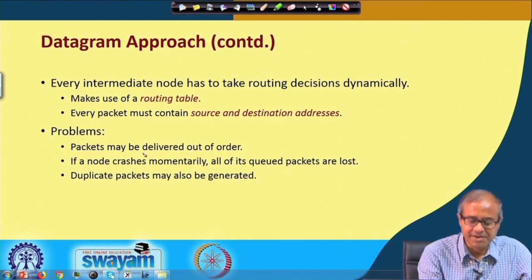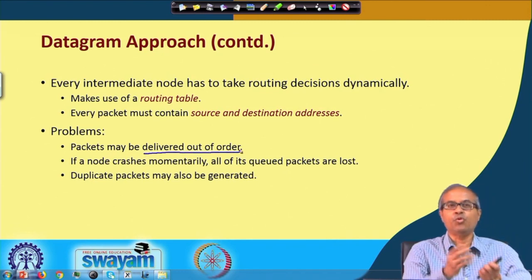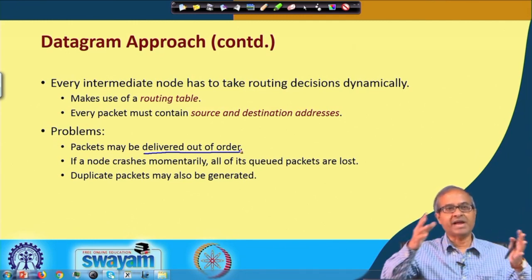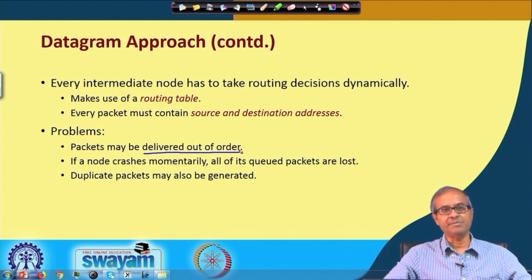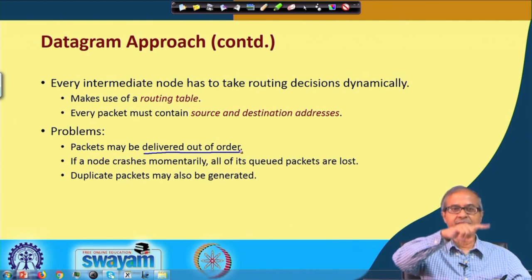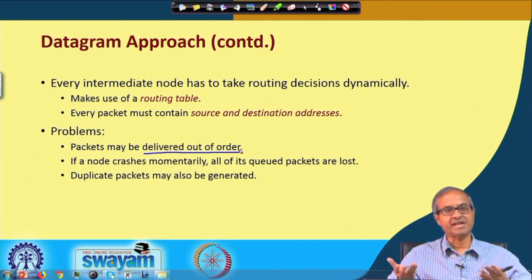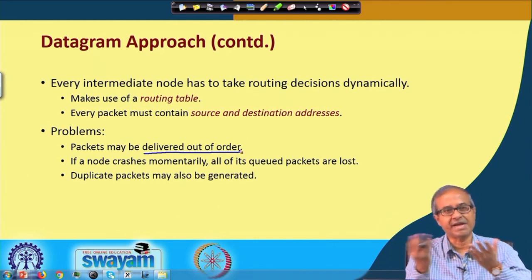So, packets may be delivered out of order. Why? Because each packet is being routed as an independent entity. There is no guarantee that all packets follow the same path. Some packets may follow a shorter path, some a longer path, so the delays of each packet can be different. So, the delivery of the packets can be out of order.